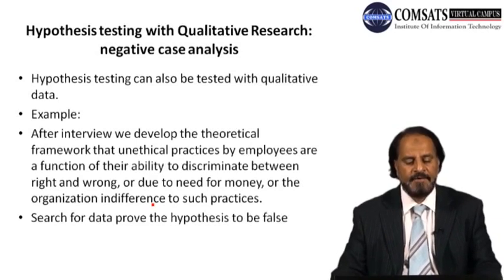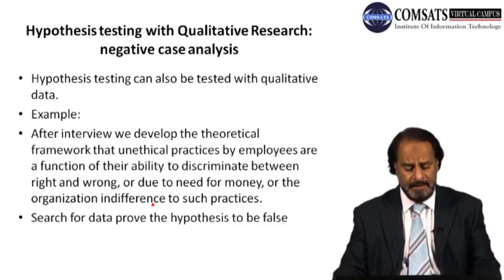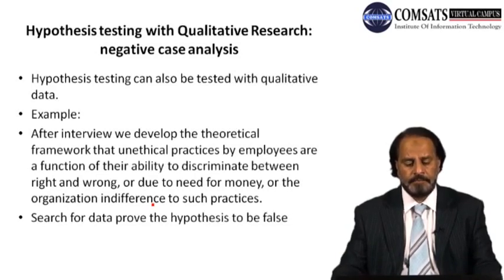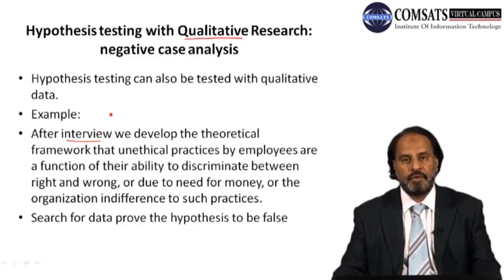Let's look at this. After an interview, we develop a theoretical framework that unethical practices by employees are a function of their ability to discriminate between right and wrong. Because in this case your source is qualitative data, as generally in interviews you don't have quantitative information but information of a qualitative nature.